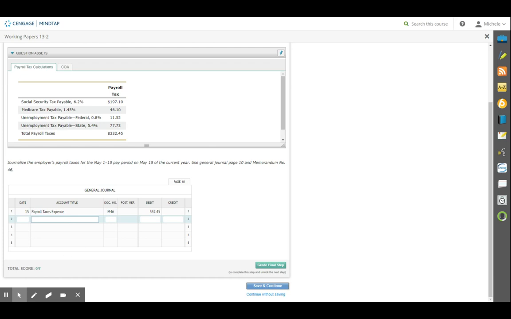Then we're ready to list out all of our liabilities. They're all going to be credits. So the first one, we're just going to go in order. It's going to be Social Security tax payable. And it is a credit, and it's going to be $197.10. The next one is going to be Medicare for $46.10. So Medicare tax payable. They should all end with the word payable. Then we have our unemployment tax payable for federal, and it is written just like that.